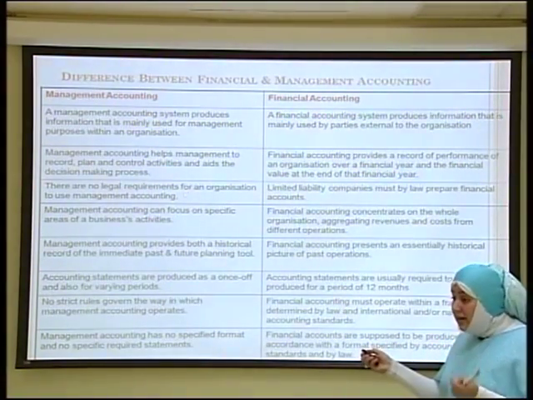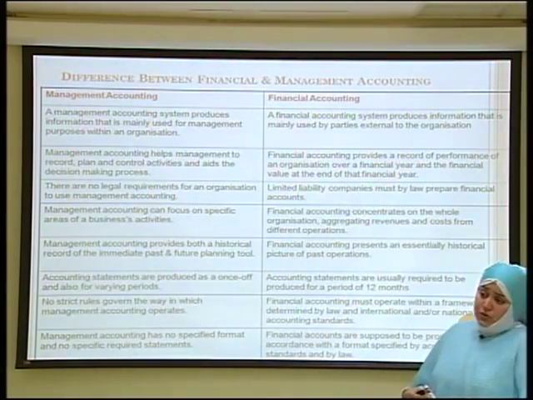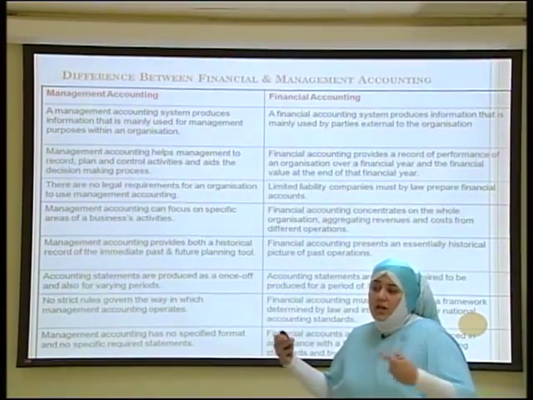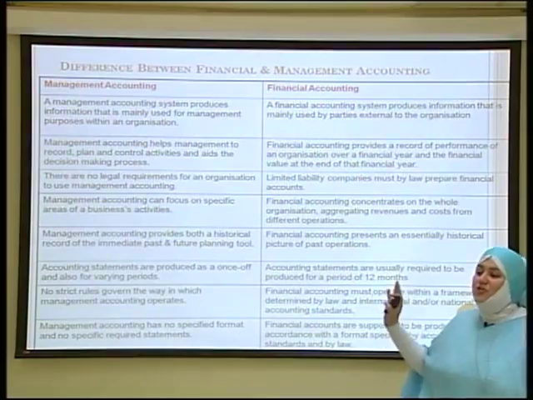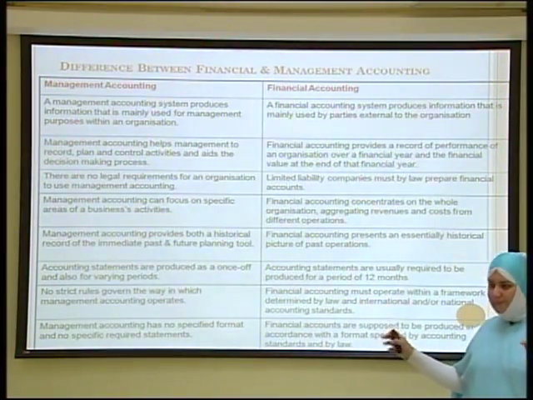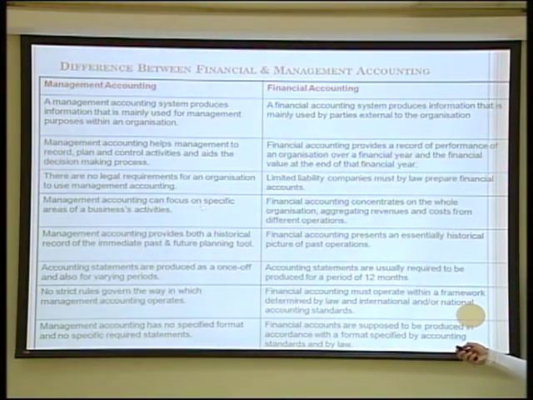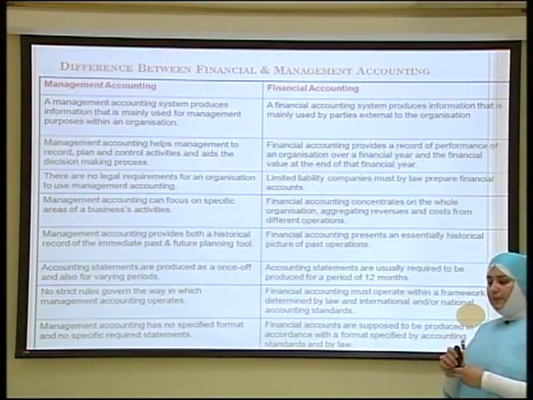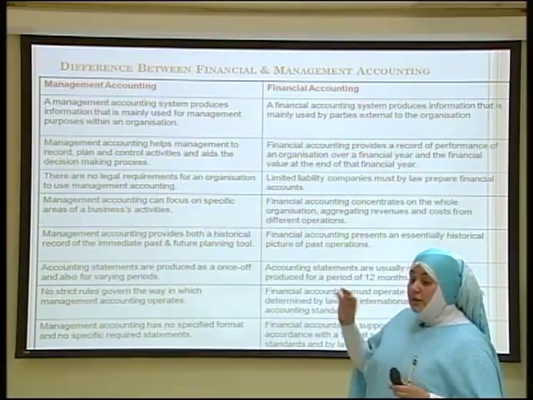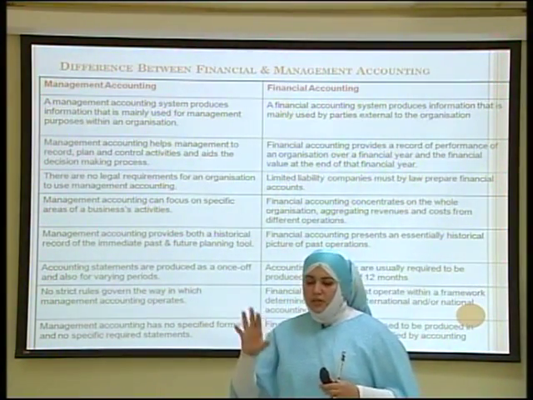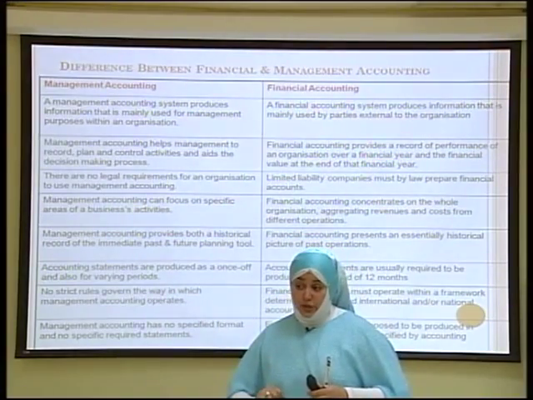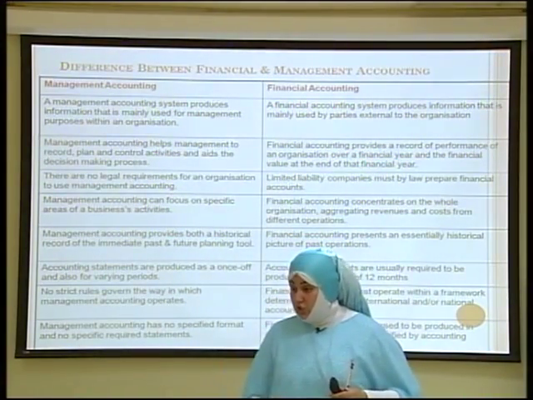But management accounting is for internal use, so there are no regulations or laws forcing people to do that. They do it because they need it in making decisions. Management accounting can focus on specific areas of business activities. You have different branches, different production lines, different units in your business.